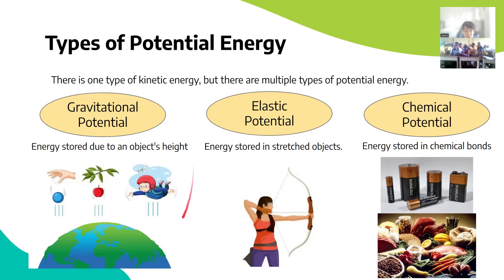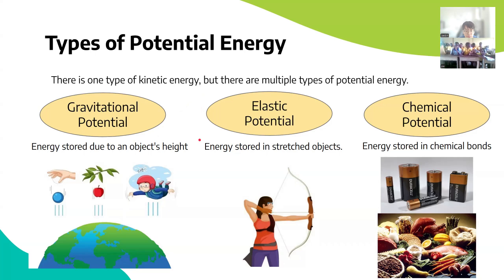Remember gravity pulling us down, and energy is stored due to an object's height. So the further we are off the ground, the more gravitational potential energy we have, because gravity keeps pulling us down, and when we're higher up, then we have more energy. The Earth wants to pull us down further.